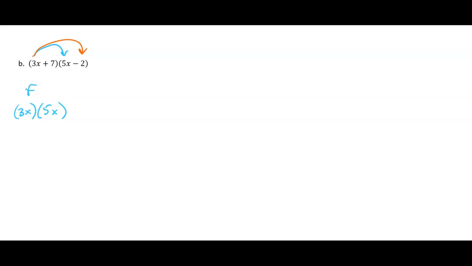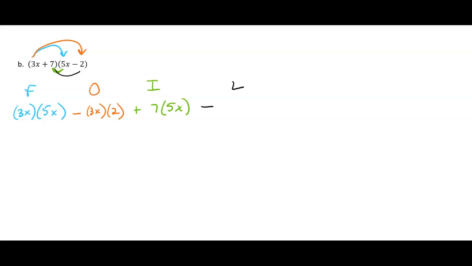So it's going to be my O, minus, because it's a positive times a negative, and it's going to be 3x times 2. Now I'm going to do the inners, those two. So my I is going to be positive 7 times 5x. And then finally, I'm going to do the last. Now it's positive times a negative, so it's going to be minus L, and it's going to be 7 times 2. I don't have to put negative 2. I already figured out that it was going to be minus.